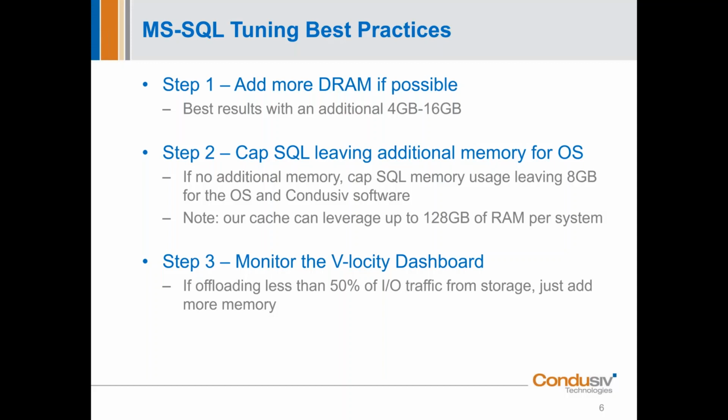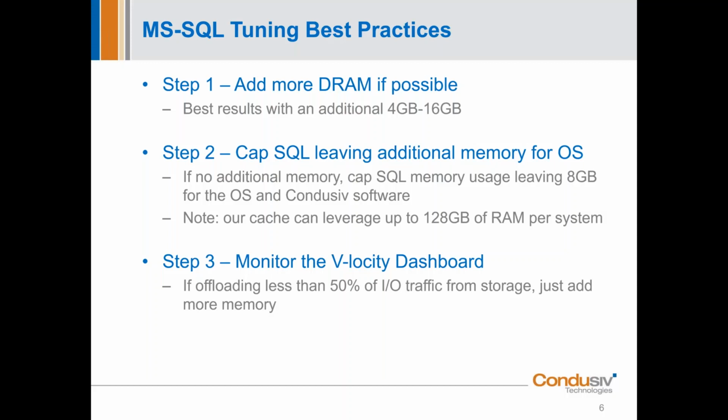We've intentionally designed our software so that it can't compete for system resources with anything else that's running, so that we can never be the cause of a memory starvation situation. V-locity would only use some of the free RAM that isn't being used by anything else, and it will dynamically size its cache, handing RAM back to Windows if other processes or applications need it.